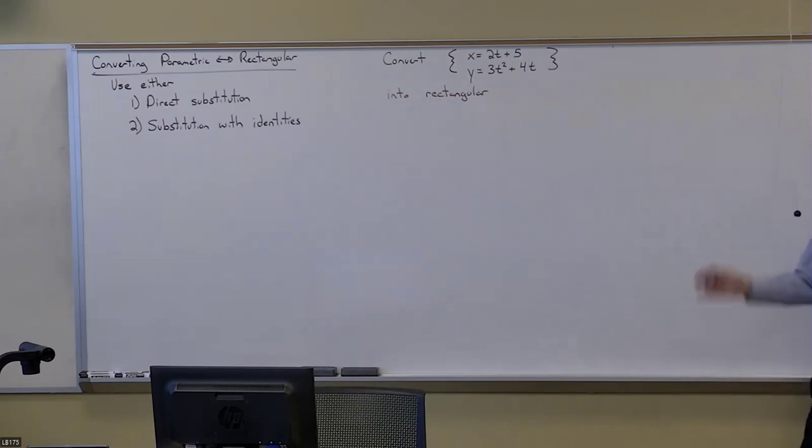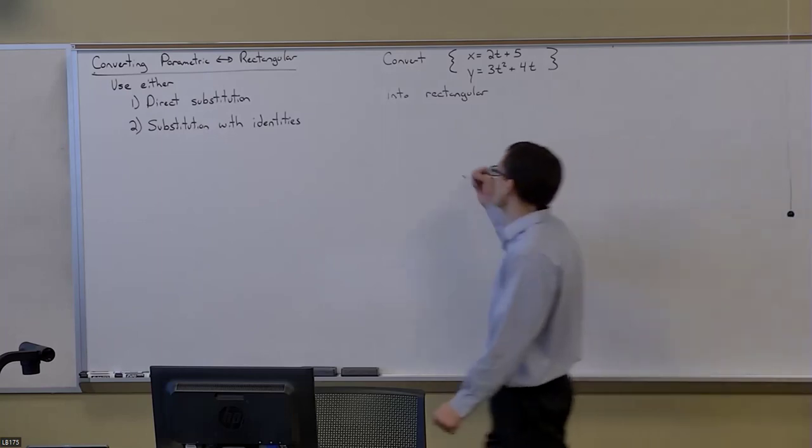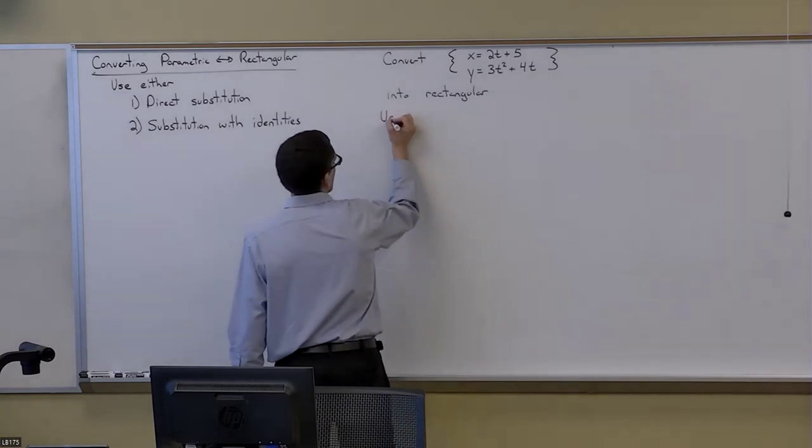So what's the rectangular version of this look like? Now here we're going to use direct substitution. And the reason we use direct substitution in this case is because it's really easy to solve for t in one of those equations. All right. So we're going to use direct substitution.